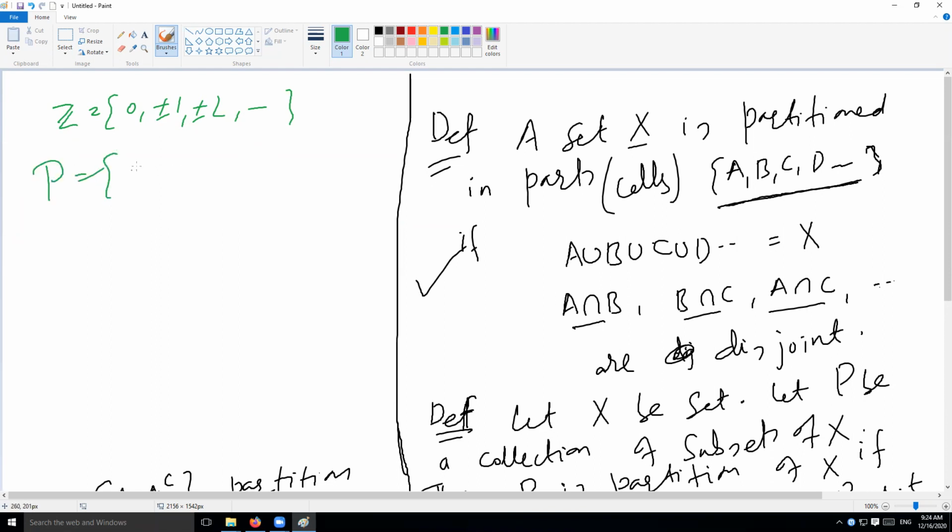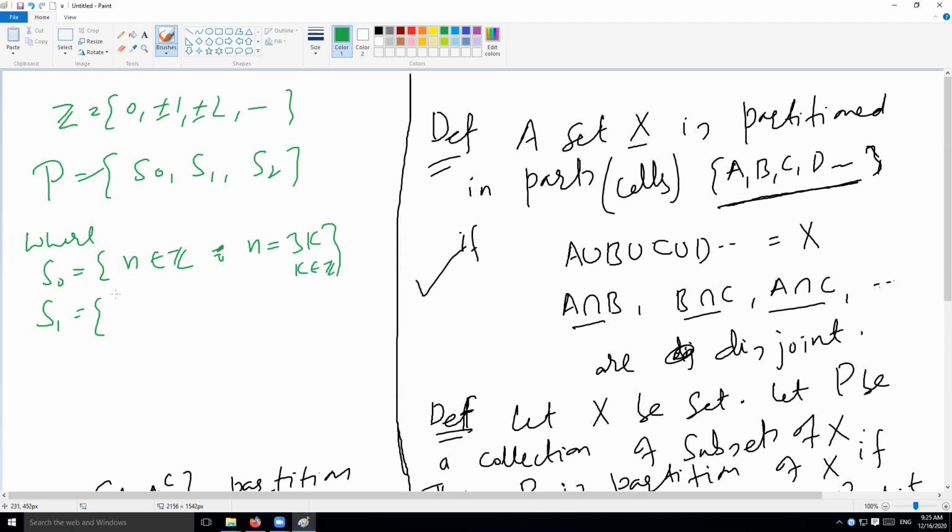Suppose P contains 3 sets, S0, S1, and S2, where S0 contains the integers of the form n equal to 3k, where k is an integer, and S1 contains integers such that n equal to 3k plus 1, where k is an integer, and S2 is n belonging to Z such that n equal to 3k plus 2, where k is in Z.